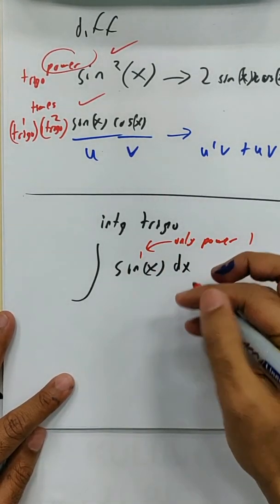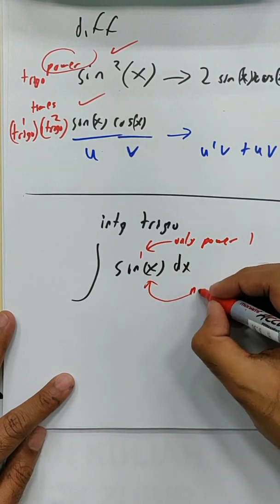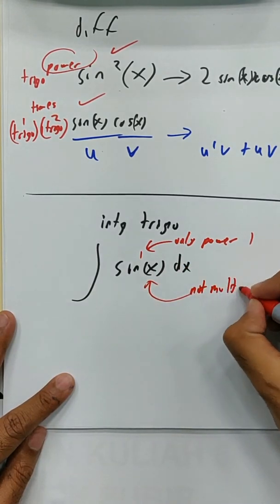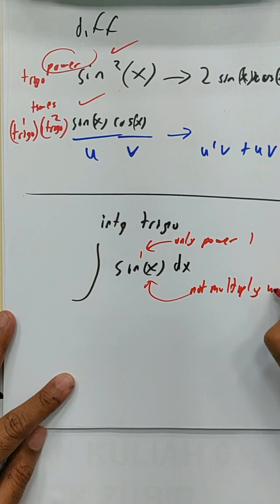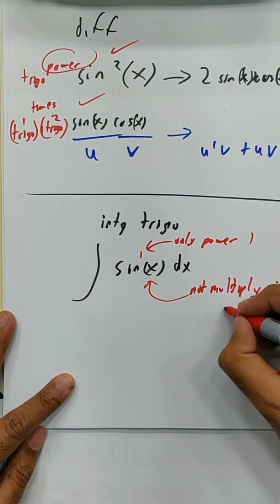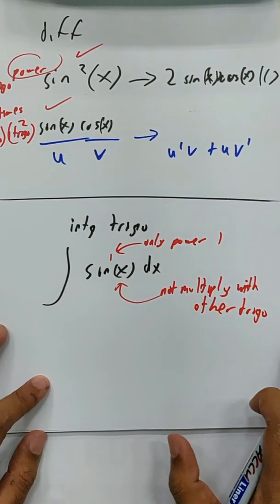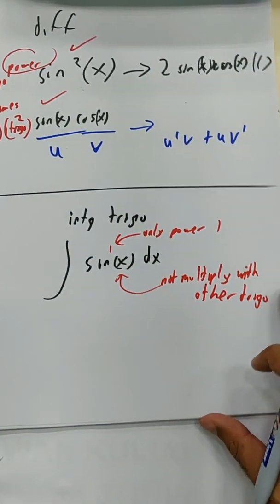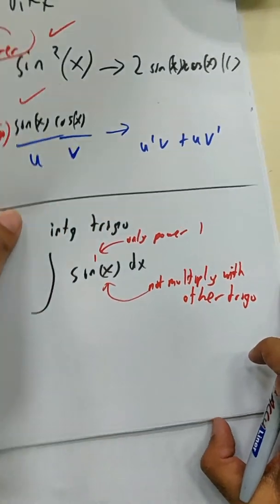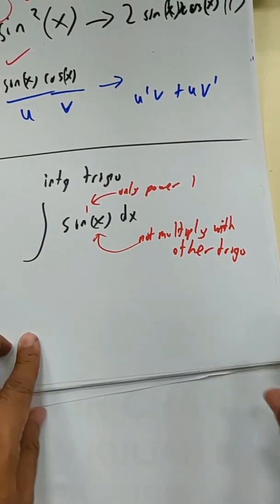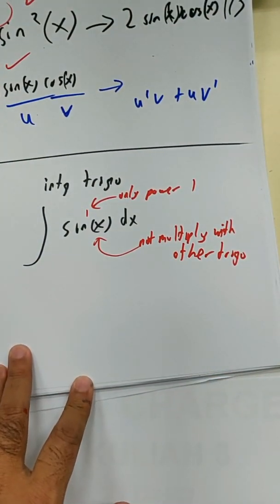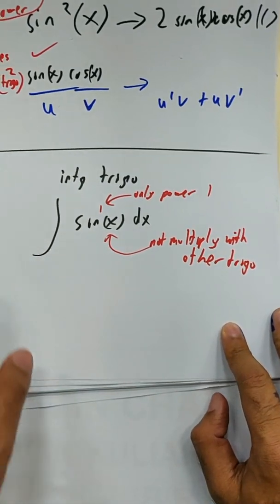Only one power and not multiplied with other trigo. These are the bread and butter for this topic, the main part of this topic. So you can say integration of trigo is pretty much selfish.